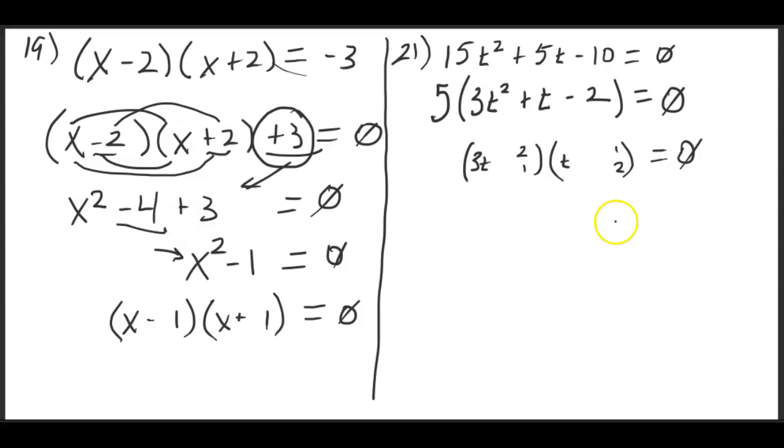That's the question, right? Let's look at the signs. This sign is negative. That tells me that the signs are opposite in the binomials. When the signs are opposite in the binomials, this sign tells me the sign that goes to the larger number.